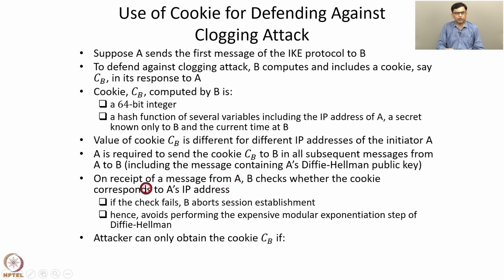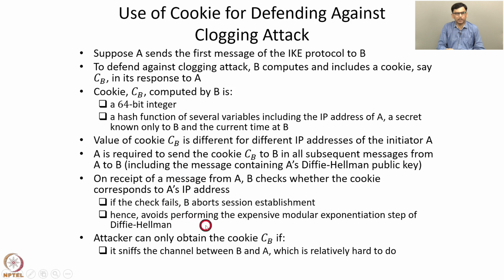Now, can an attacker who is not the legitimate A easily obtain the cookie CB? An attacker can only obtain the cookie CB if it sniffs the channel between B and A, which is relatively difficult to do. It's easy to spoof another IP address and send a message pretending to be from some other IP address, but it's relatively difficult to sniff the channel between entities B and A. The cookie is sent from B to A, so the only way that the attacker can obtain the cookie is by sniffing the channel between B and A, which is difficult.